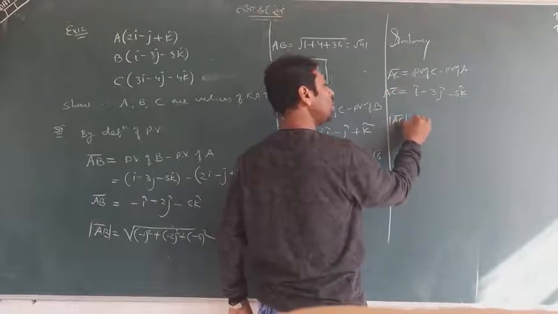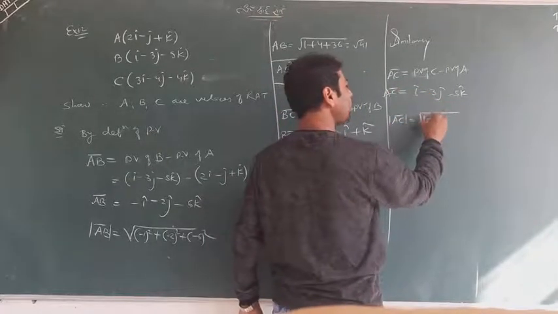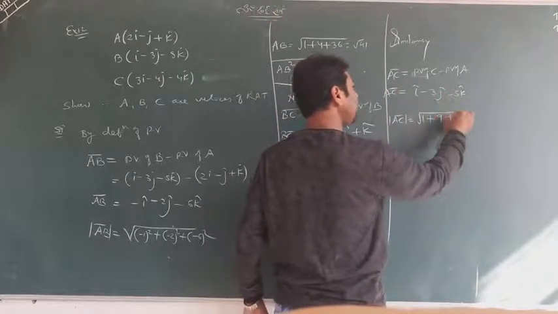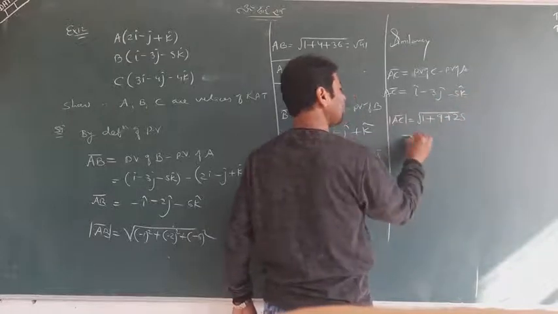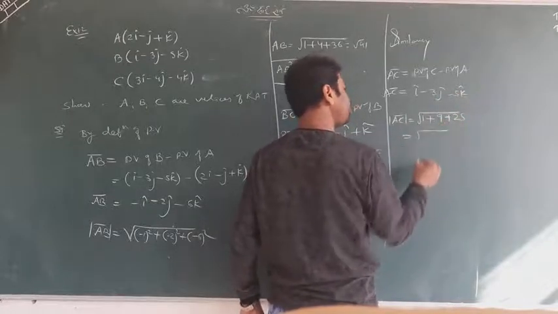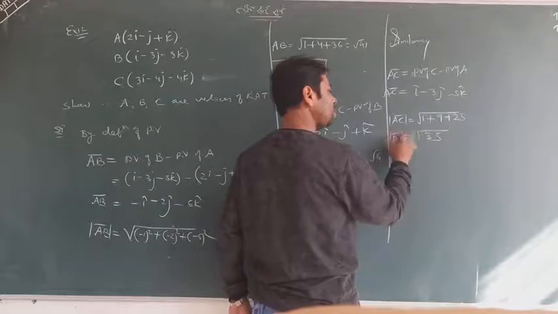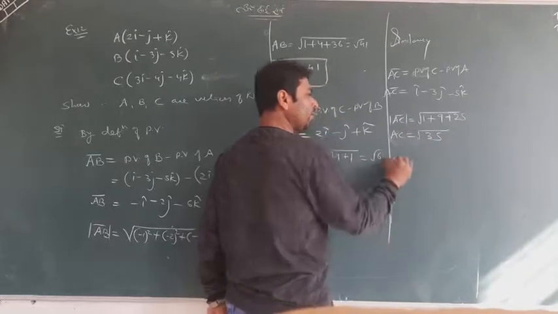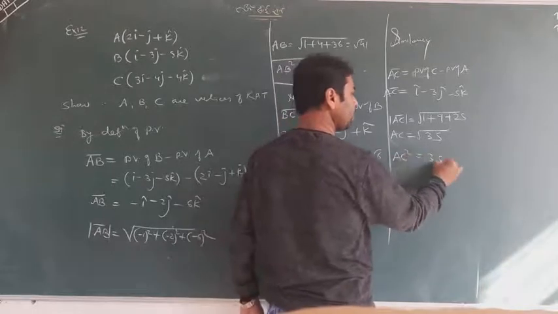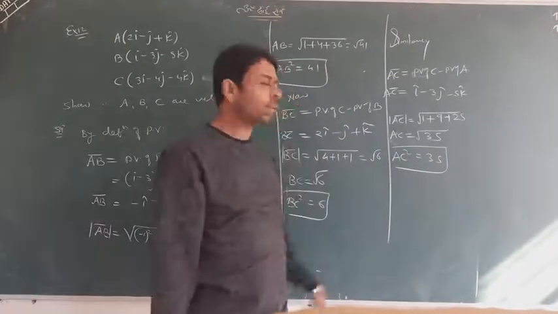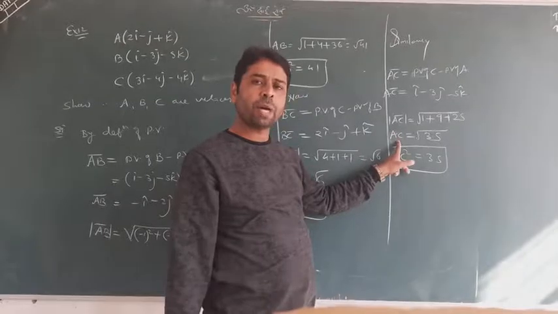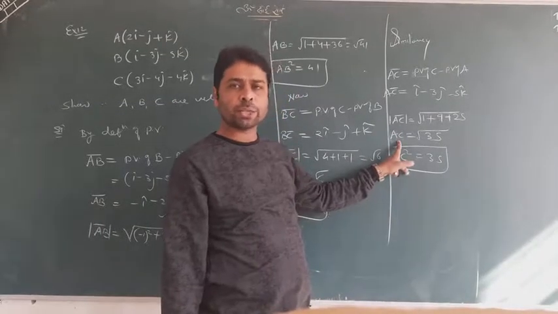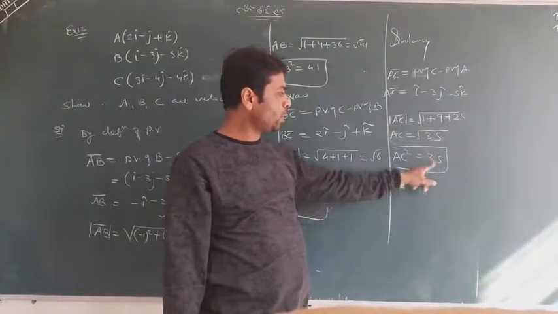So what is the mod AC? 1 square is 1, minus 3 square is 9, minus 5 square is 25. This is 35. So what is the square of AC? 35. Try to understand that these two have the same meaning. I taught everything in previous two lectures.